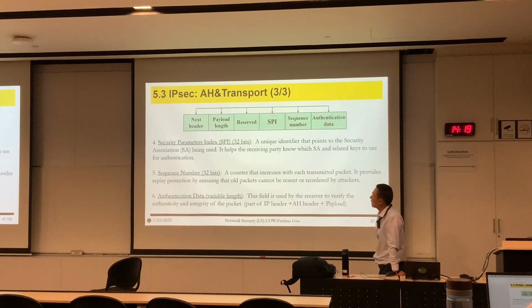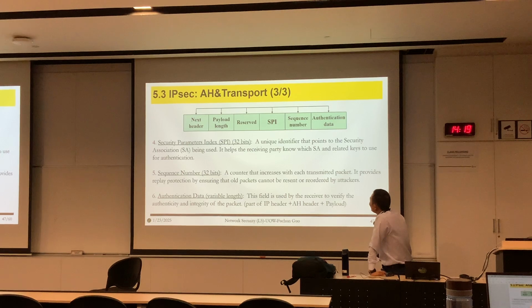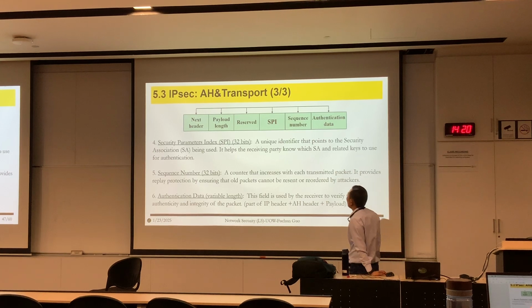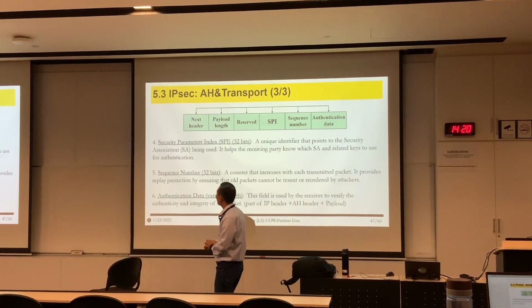And it also has the so-called sequence number, a counter that increases with each transmitted package. It provides replay protection by ensuring that old packages cannot be resent. This is critical.